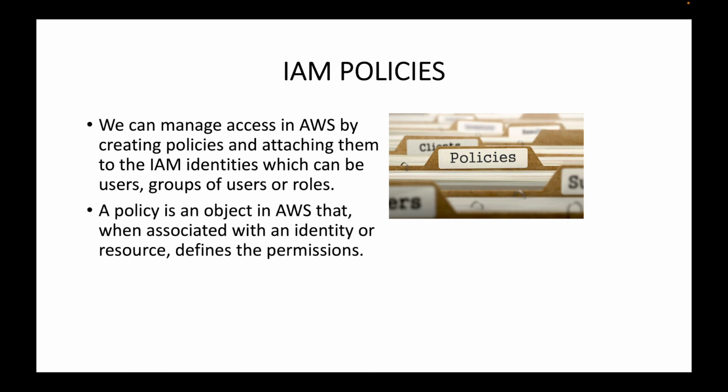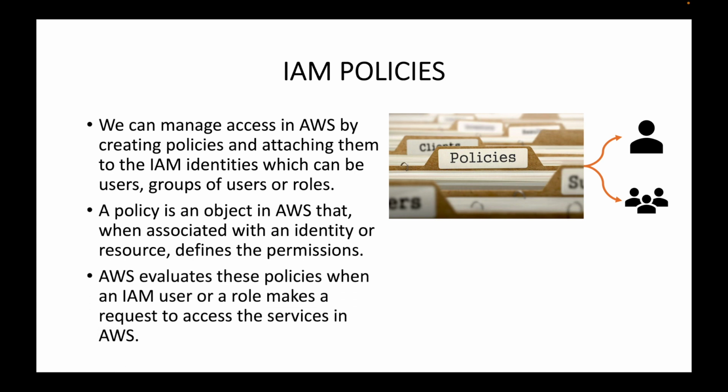A policy is an object in AWS that, when you attach it to a resource, like an IAM user or a group of users, simply defines the permissions for the user. For example, S3 access, EC2 access, IAM access, VPC access, and so on. It simply defines the permissions for the resources.